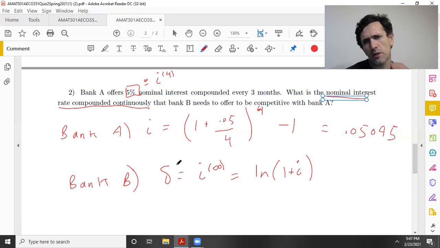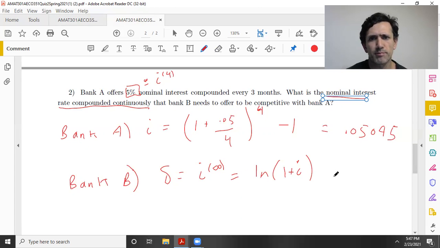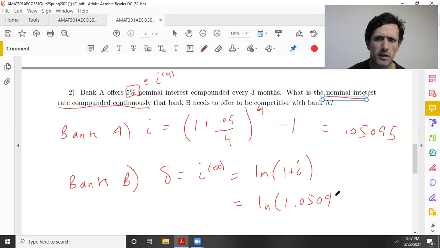You could use one formula and solve for I by taking exponentials, or use another formula and solve for delta by taking logarithms. I think it's just easier to memorize these two formulas, but up to you. Anyway, this is ln of 1.05095.